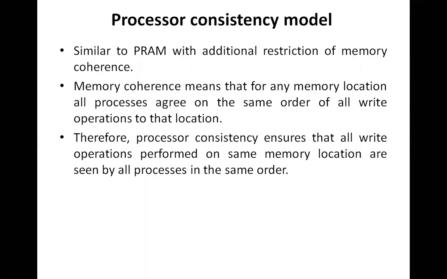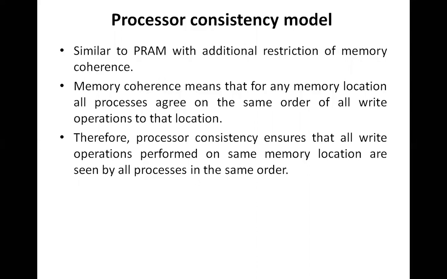Now, as far as memory coherence is concerned, it means that for any memory location, all the processes have to agree on the same order of all the write operations to that particular location. So what is the effect?